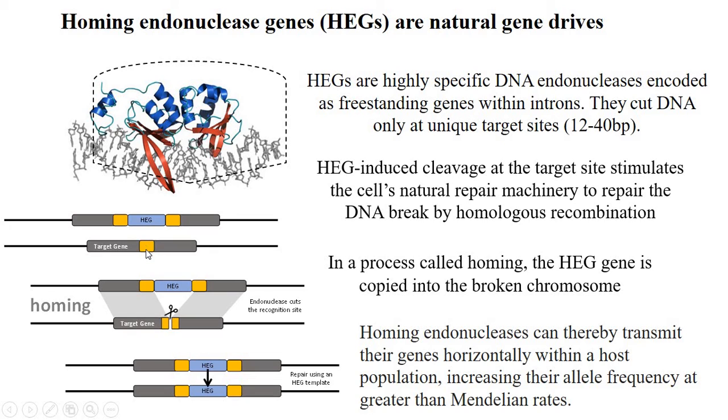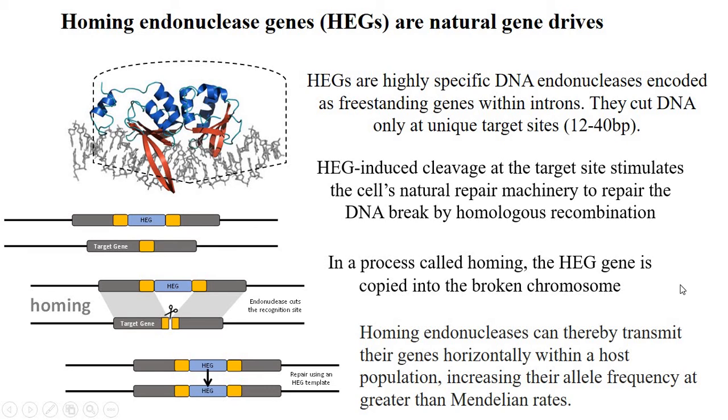This will be broken, that will be cut, and this homing endonuclease will copy itself there. Again, this is a DNA endonuclease. It will make a cut there, and by homology-directed repair, this sequence will be copied here, and now both chromosomes have this homing endonuclease gene.